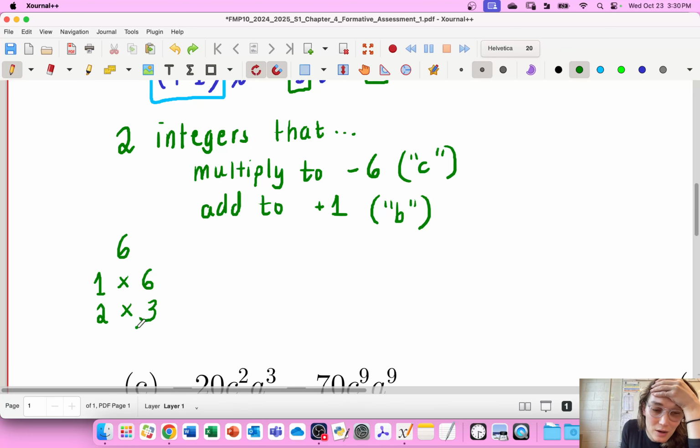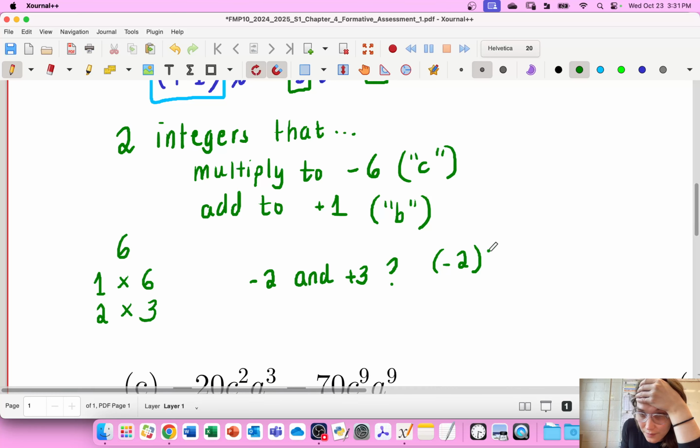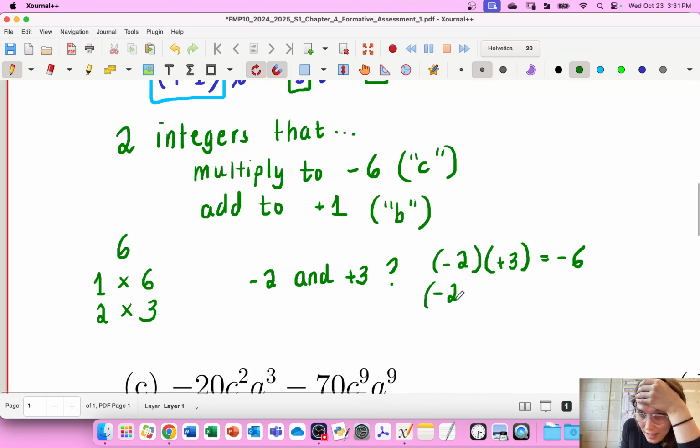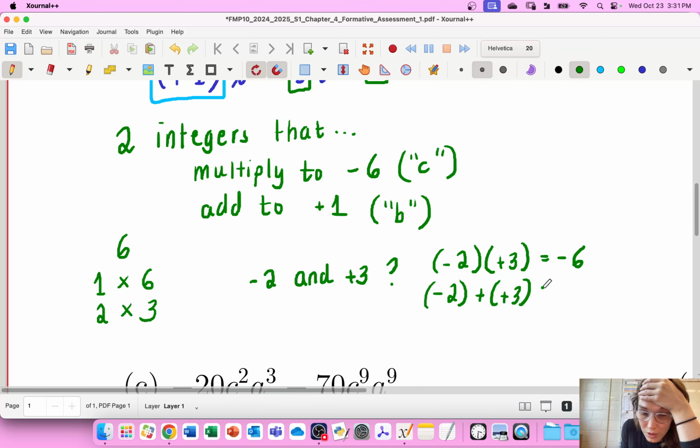If it has to be -6, I know that one of them has to be negative. So if I have -2 and +3, does that work? Yes, because they multiply to -6, but they add to +1.